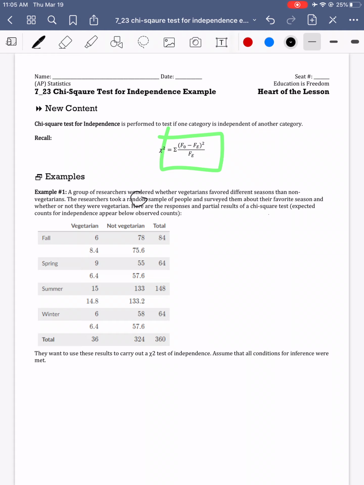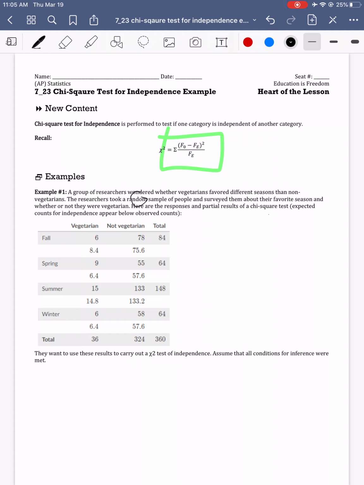And then they want to carry out the chi-square test of independence, assuming that the conditions have been met. So taking a look at this, note that they're not trying to see if they have a similarity between their favorite seasons. They want to know if they favored different seasons, not similar.